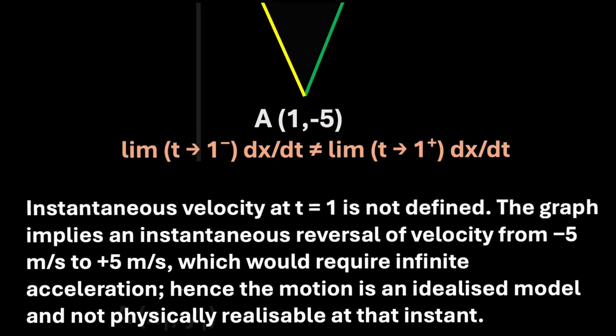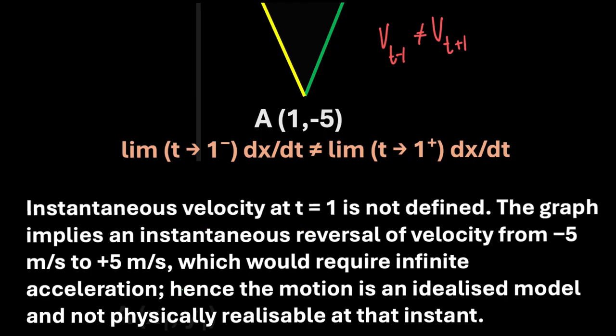This means that at the point A, having coordinate 1 comma minus 5, limit t tends to 1 minus dx by dt, which is the velocity, is not equal to limit t tends to 1 plus dx by dt. In other words, velocity at t minus 1 is not equal to velocity at t plus 1 for a very small instant.